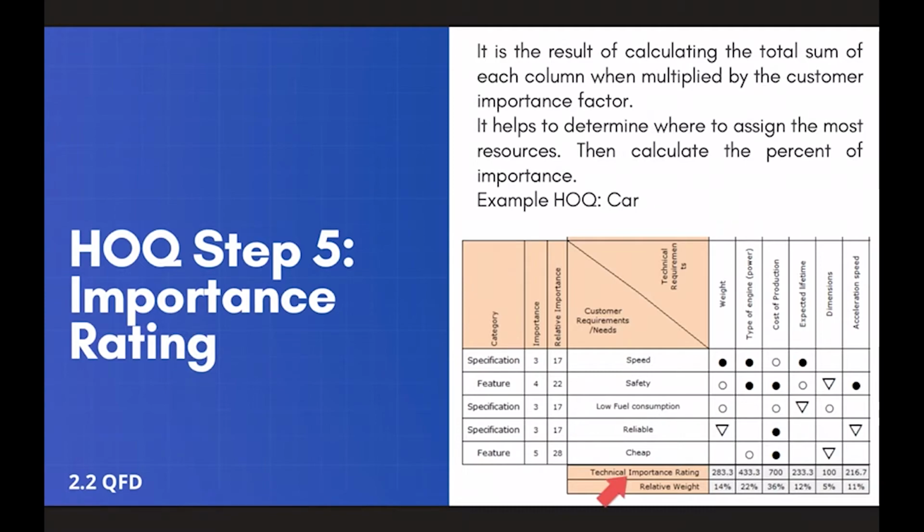So for the technical importance rating here, it is also the same: this value is 9 times 17 plus 3 times 22 plus 3 times 17 plus 1 times 17, so you get around 280 something.